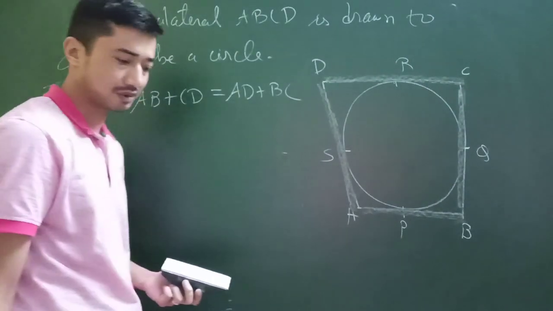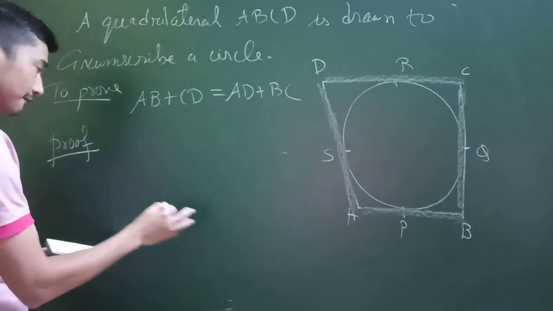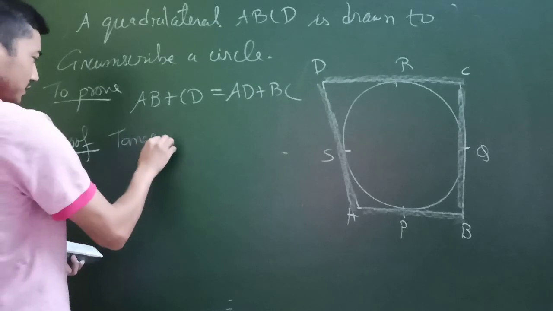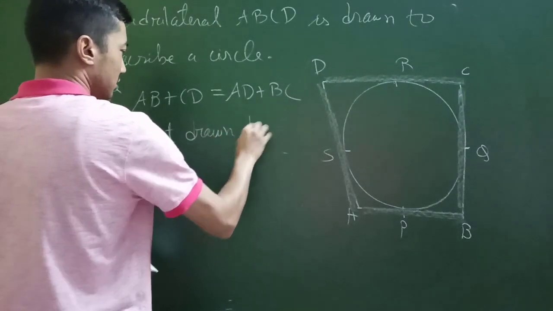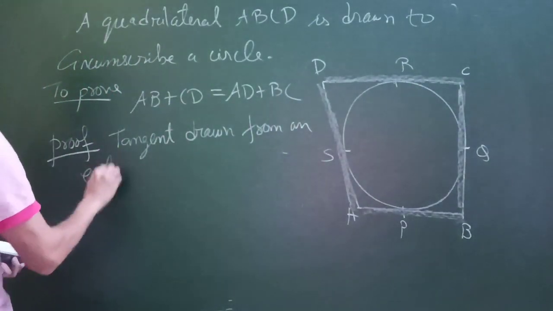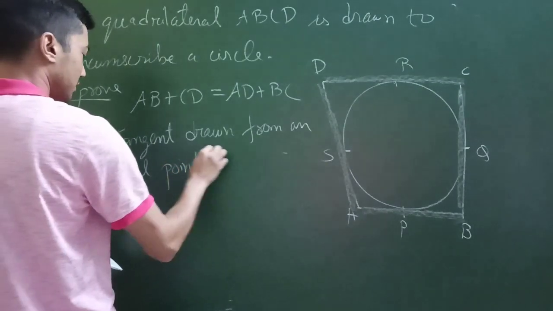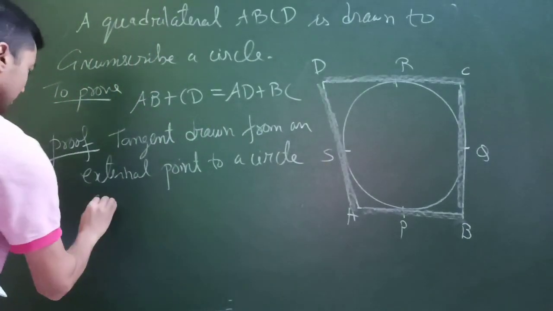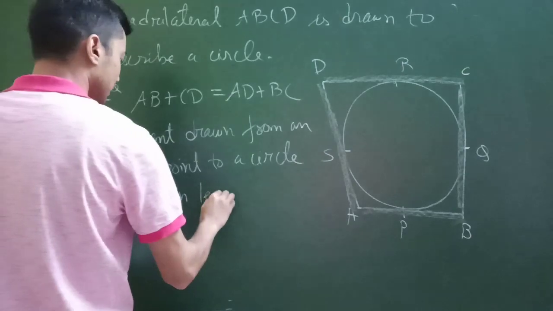One small concept that you will require: first write down, tangents drawn from an external point to a circle are equal in length.